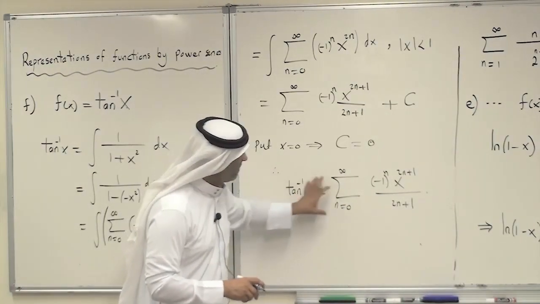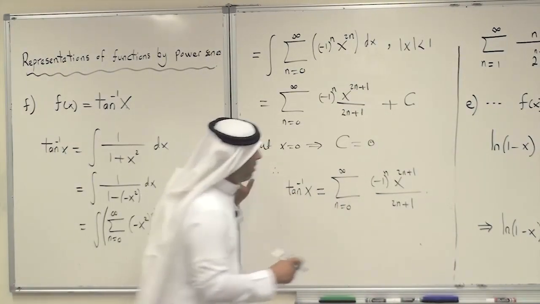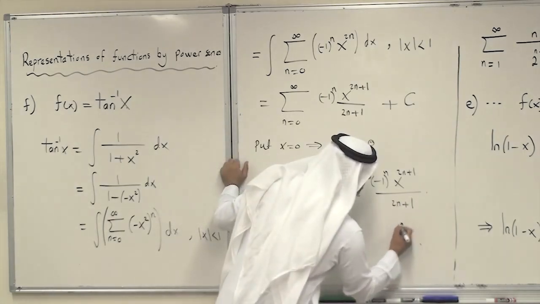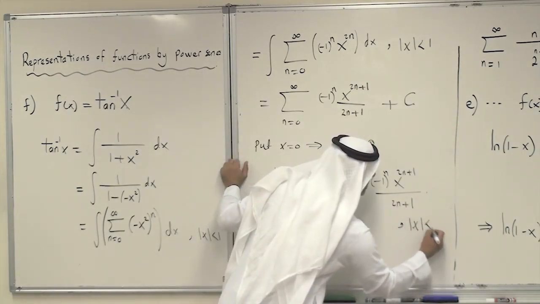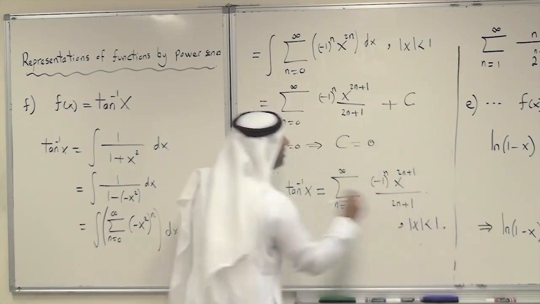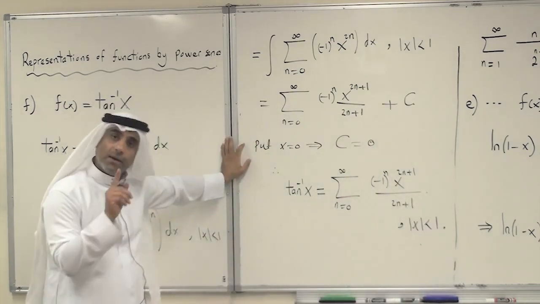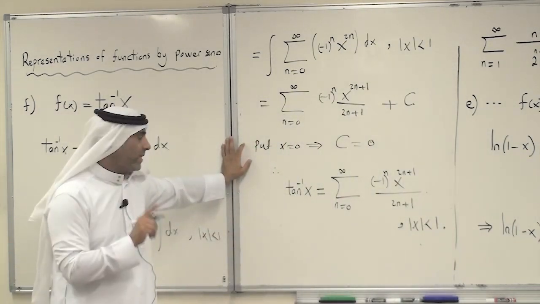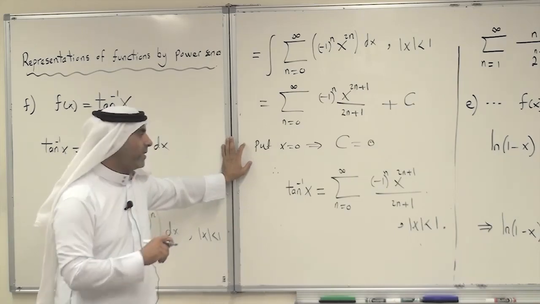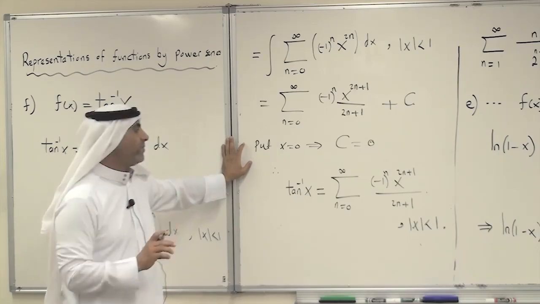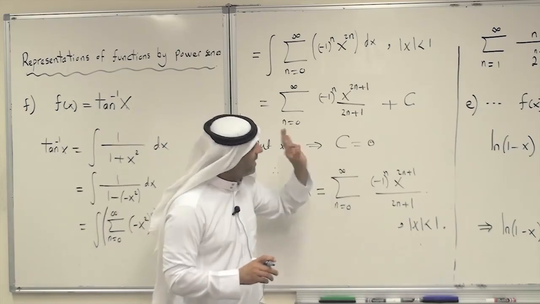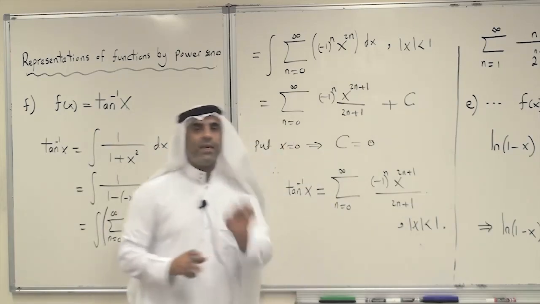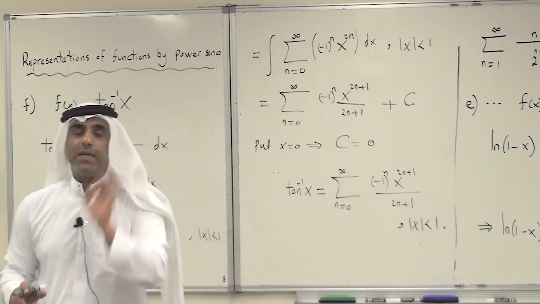Although we know that this is true for the absolute value of x less than 1, we are sure this is convergent inside that region. Also, it has been proven, actually it's not straightforward, that this series is still valid if x equals 1 or x equals minus 1.